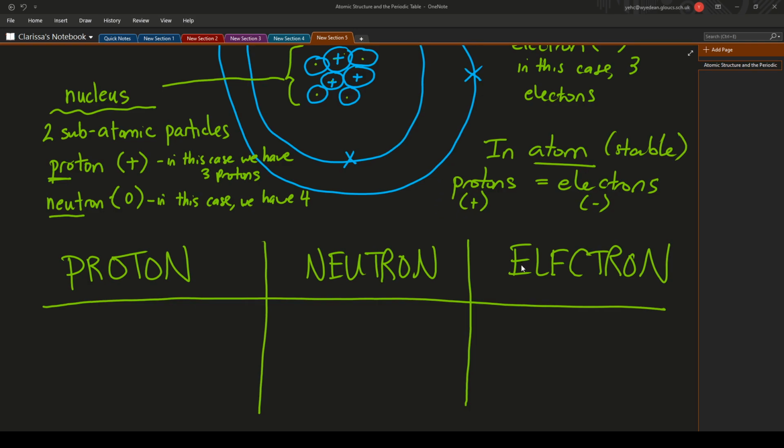This is something you'll need to be able to do, because no exam board is going to ask you to memorize the number of protons, neutrons, and electrons for any of the elements. We just want you to be able to find that information using the periodic table. Now let me just get this up on my screen so you can see.